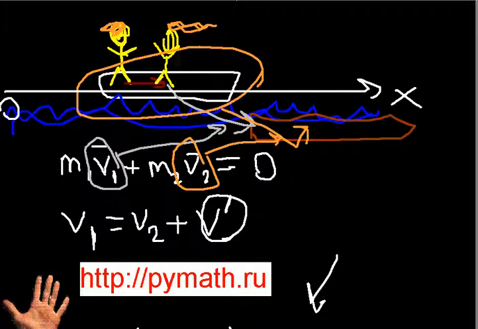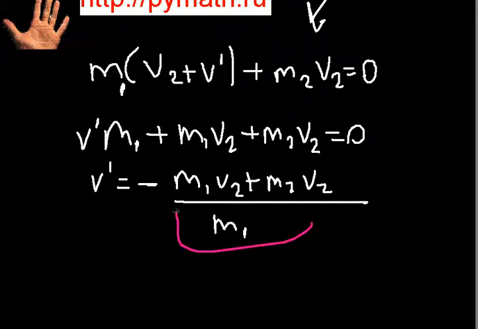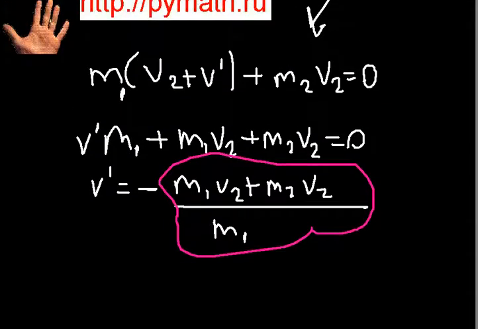We can say that if we direct the axis in this way, the velocity of this human can be directed, for example, in this direction. Then the velocity of the boat will be directed in the opposite side, and that's why these directions are connected with the following relation and with this sign of minus.